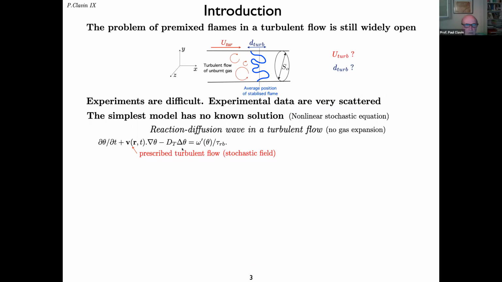Now, if you prescribe a turbulent stochastic field in front of the flame, a fluctuating flow, and assume that the flow is not modified by the combustion, which is surely not the case, even for this very simple problem, there is no result.